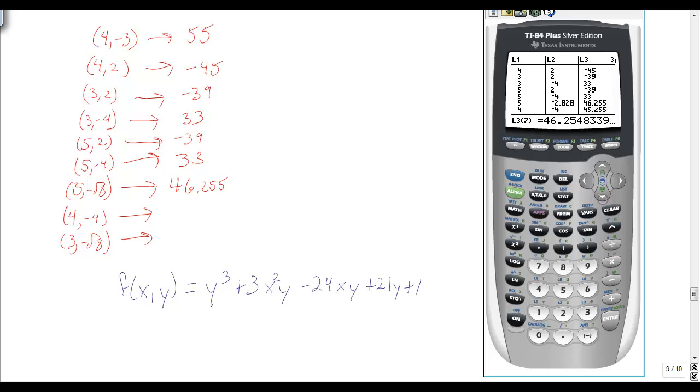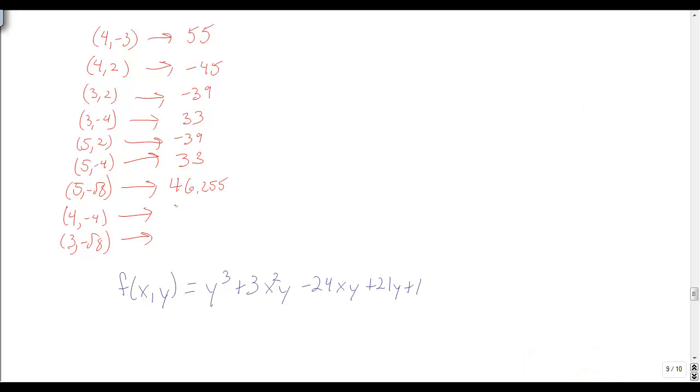Probably a lot of these get repeated. 45, and then another 46.255. This is 45, 46.255. So my absolute max and absolute min have to be at one of these points.